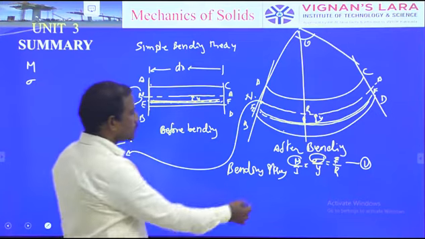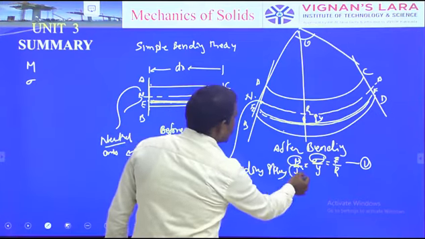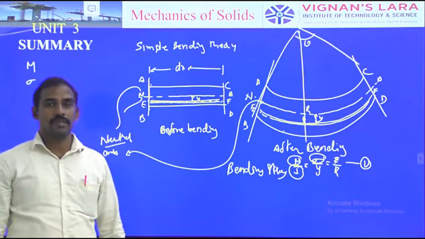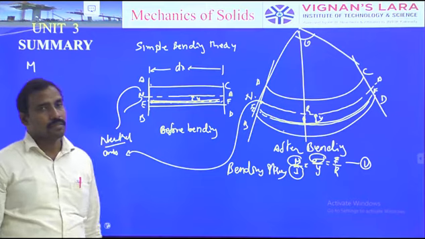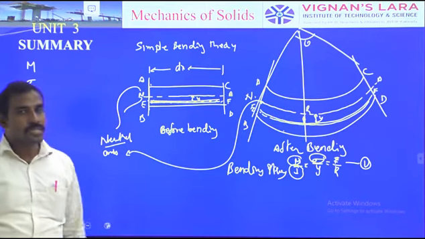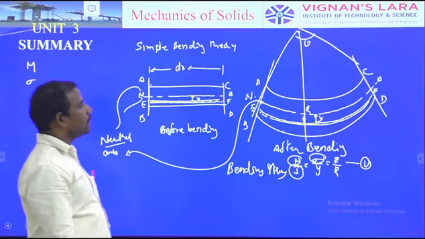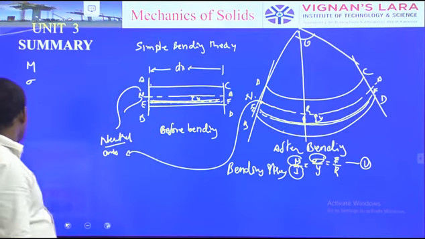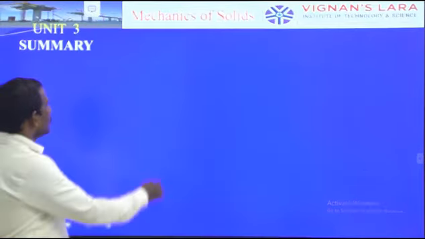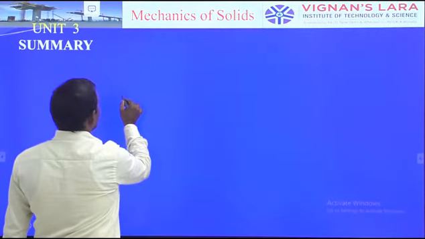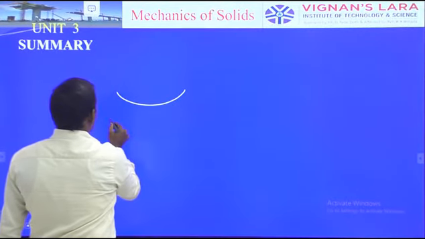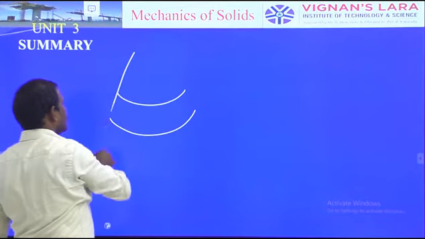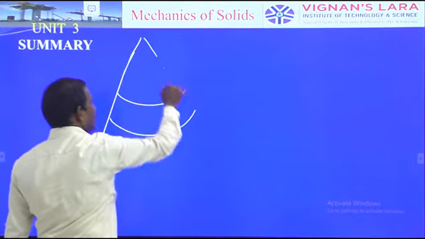Before going to the moment of inertia of various cross sections about this neutral axis, let us see what about the stress distribution. Simply we can plot the graph. This is a beam after bending, right?